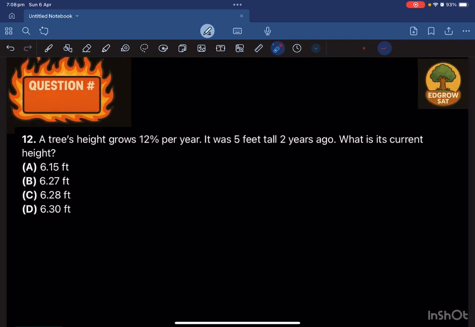So the last question of the class. Growing 12% per year, he is 5 feet tall now. How tall was he 2 years ago?